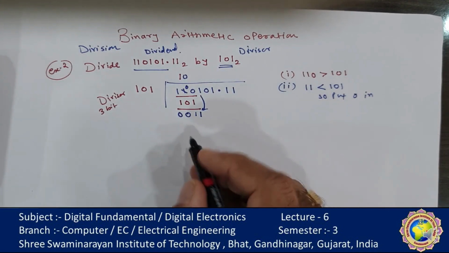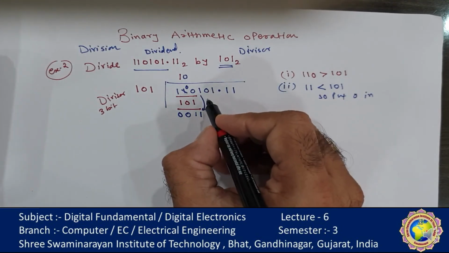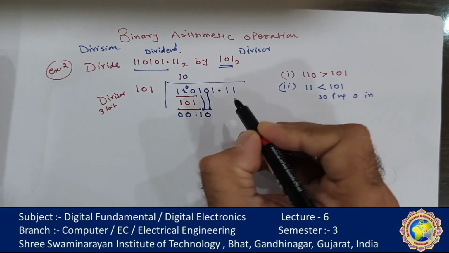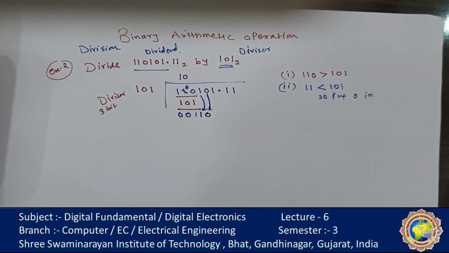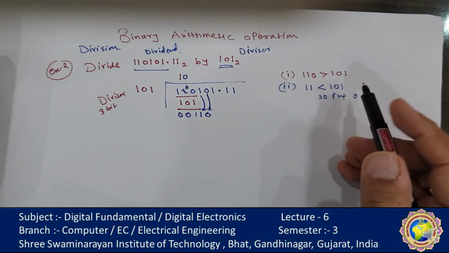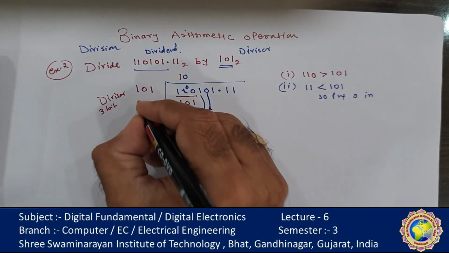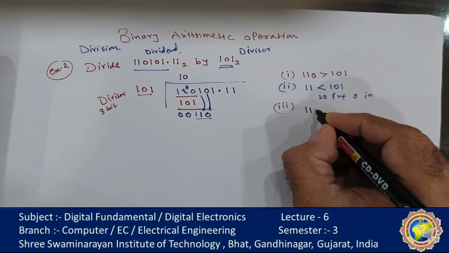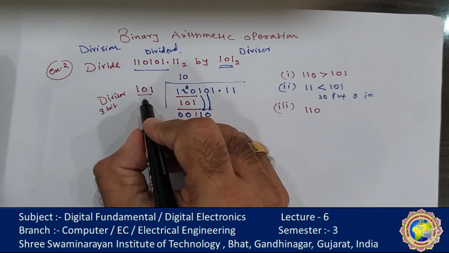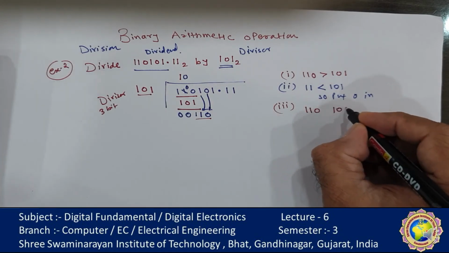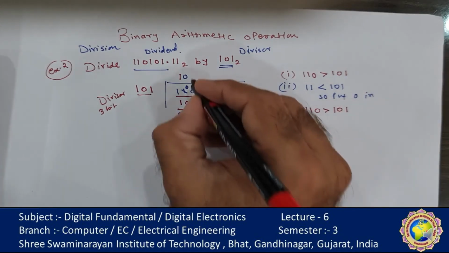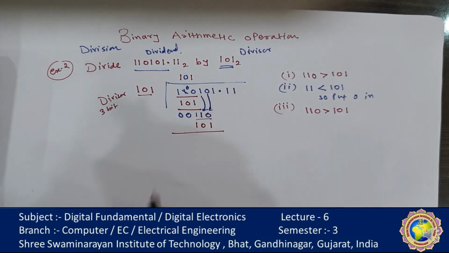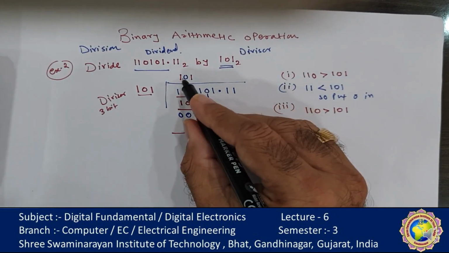So what we will do, we will just put 0 here, and we have to take the 1 bit from the upper side. So it will become 110, these 3 bits. The third step, 110, compare with divisor 101, so it is larger. So we can put here multiply by 1, 101. Understood why we take the 0 here?